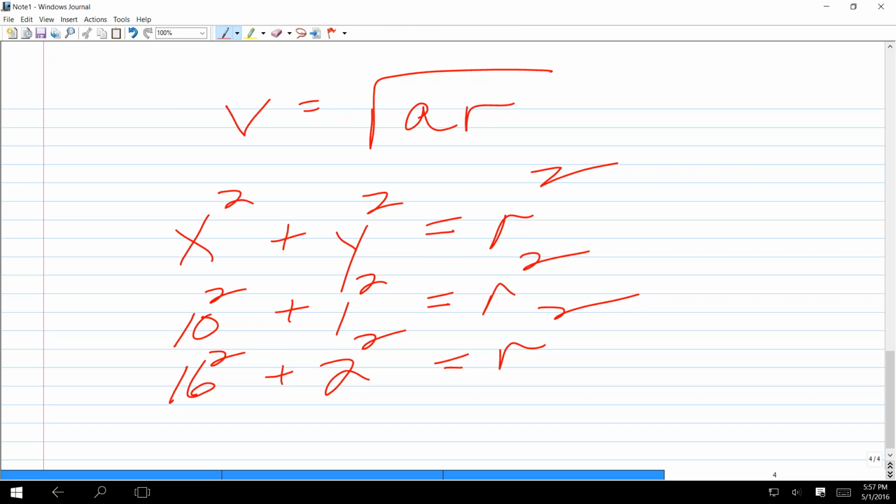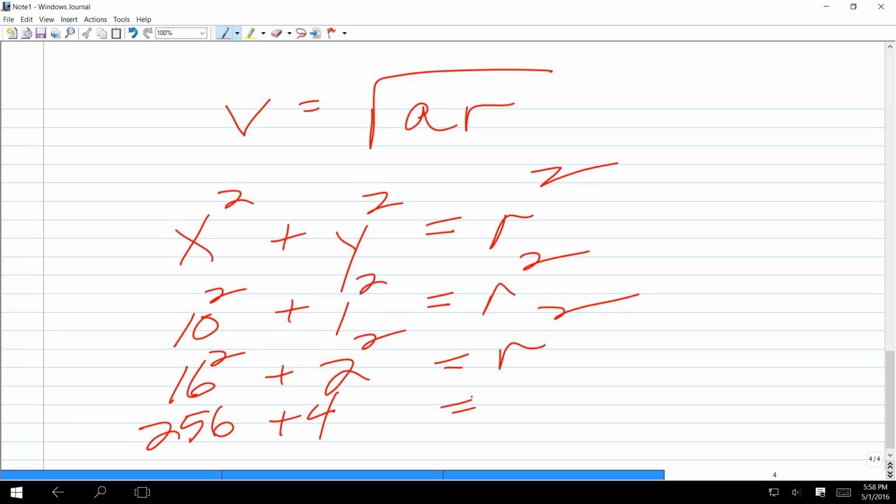Okay. If we could figure out r, seems like I should be able to with just one of these equations. This is 256 plus 4. That gives us a different r for each one. They both have to be on the same circle.